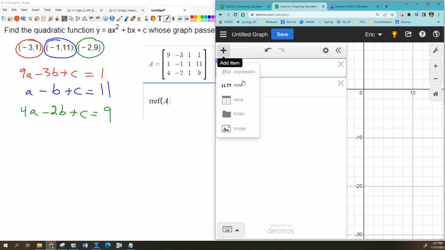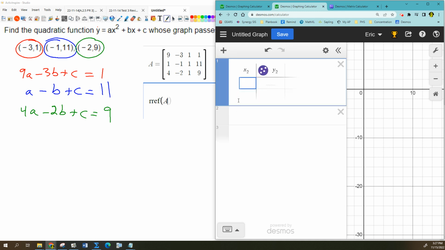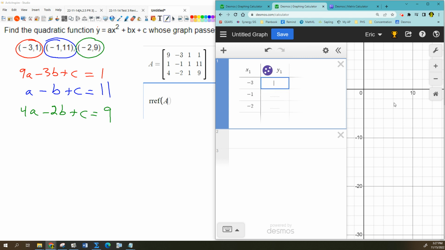I could make a table out of that, right? Of x and y values. Let's call those x1 and y1. Okay, and my x values are -3, -1, and -2. And the corresponding y values are 1, 11, 9.